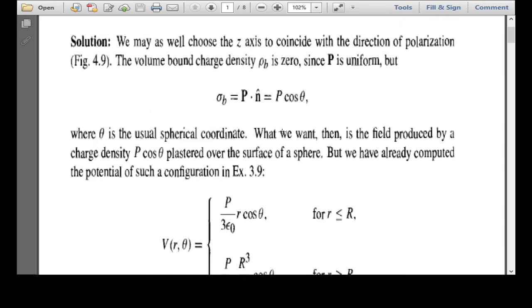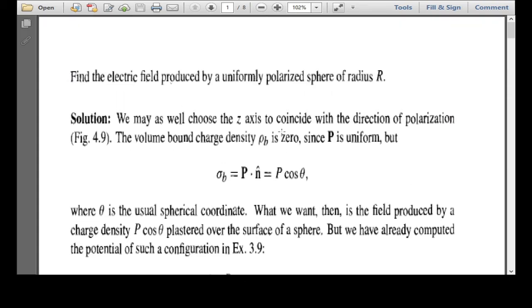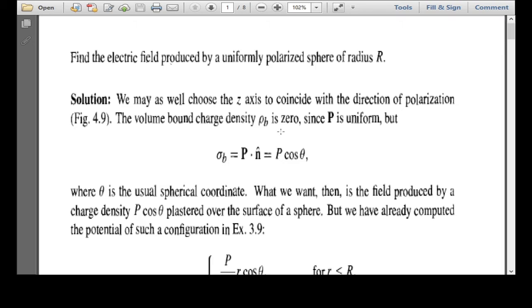So the electric field produced by a uniformly polarized sphere can be calculated as follows. First of all, we decide the z-axis to be in the direction of the polarization, and the volume bound charge density is 0, since P is uniform.